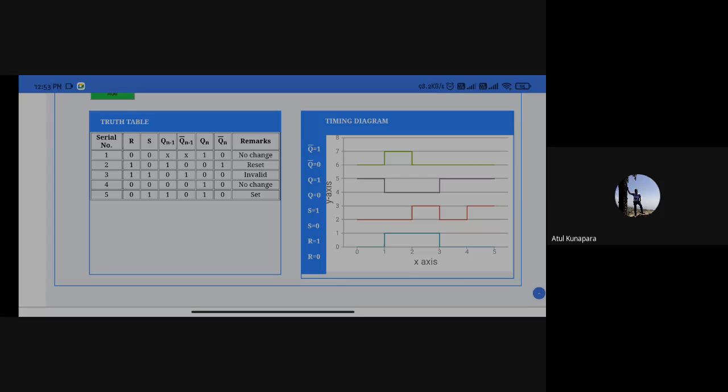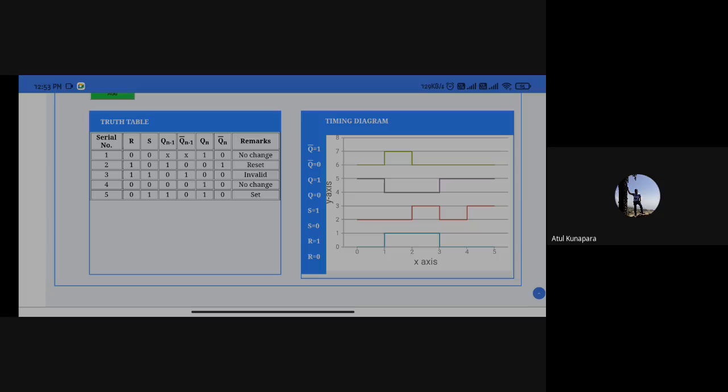If your output is changing from past output to present output, then that change will be mentioned as either reset or set. If you supply an invalid input, that is R equal to 1, S equal to 1, then it will show you there is an invalid condition on the input side. In that case, you can see Qn and Qn bar both become 0. That is not a valid condition.